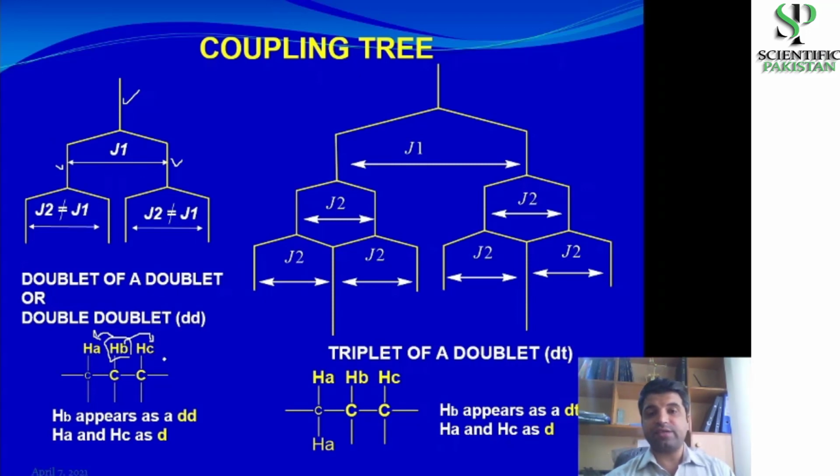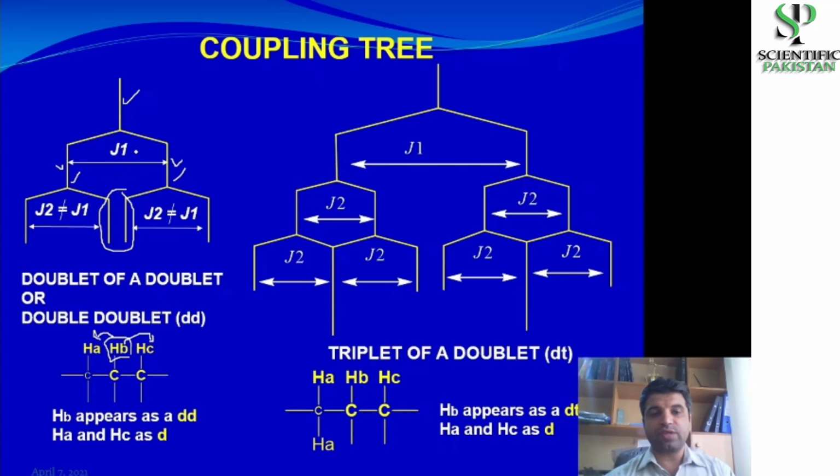Because HA and HC are magnetically inequivalent, the magnitude of splitting will be different. It will not be exactly similar to J1, but it might be smaller or larger. But if it is smaller, you see that each of these two lines, this one and this one, is split into two, and the central lines here do not merge because the distance they cover while splitting is not exactly equal to this one.